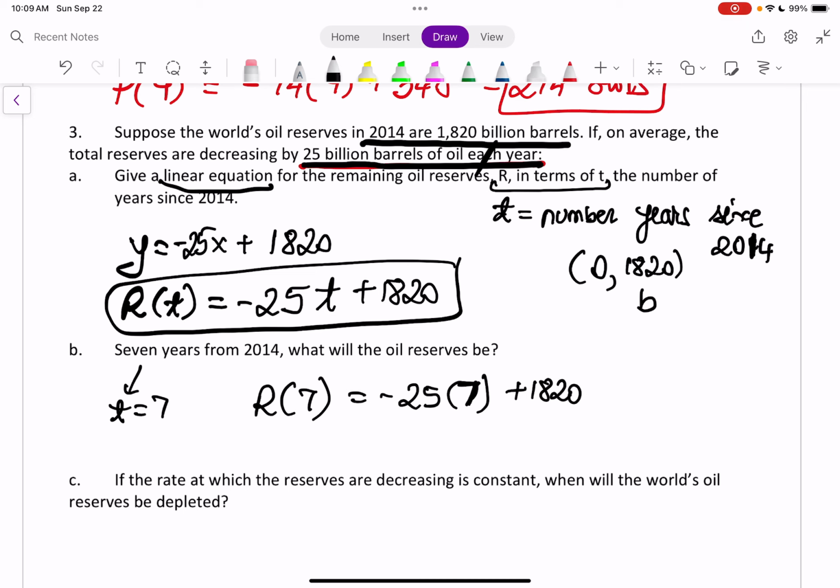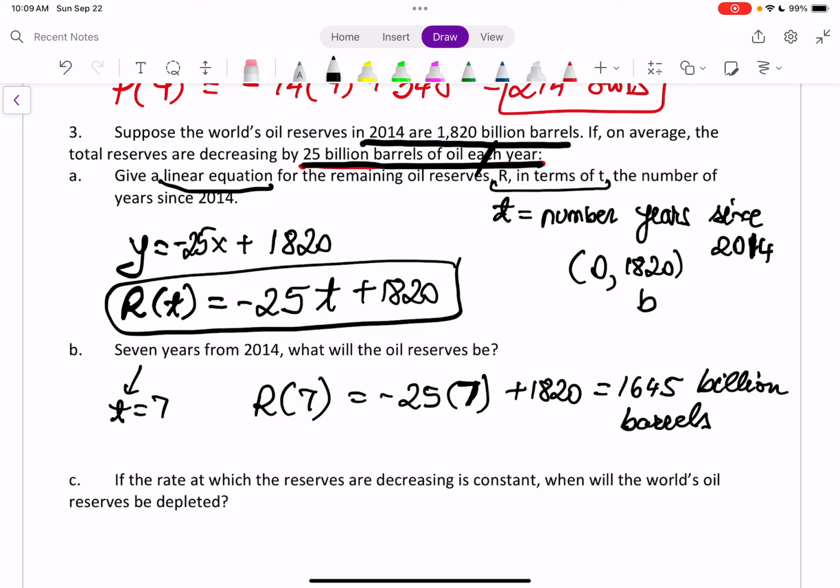All right, so here it is, starting with 1820 in the year 2014. You have to subtract 25 billion barrels of oil each year, so you're gonna end up with 1,645 billion barrels.